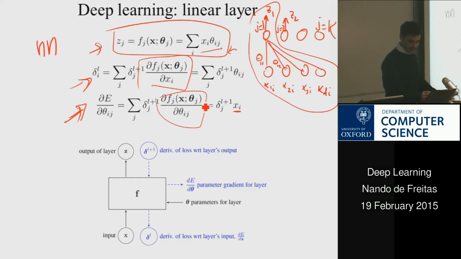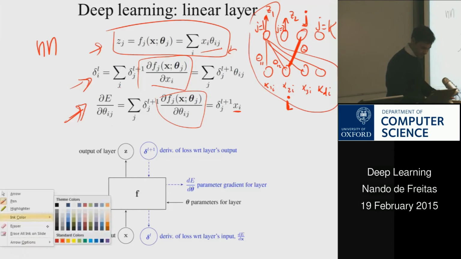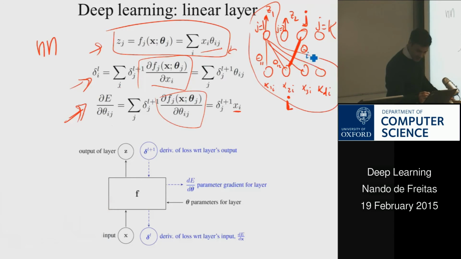In this case, if you have unit j here, and this is unit i, then theta ij only connects to one single unit. It goes from neuron i at the input to neuron j at the output.